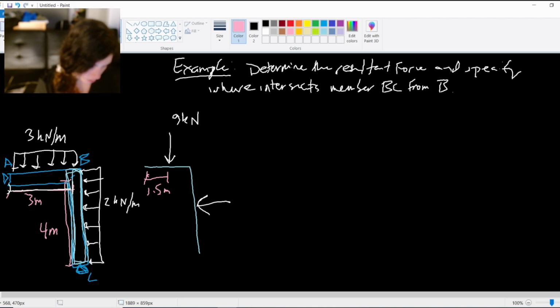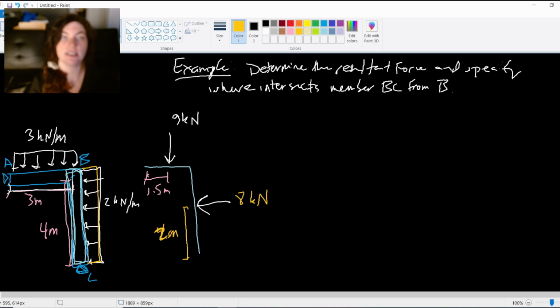Our next resultant force is this 2 kilonewtons per meter, right? This 2 kilonewtons per meter acting over this 4 meters. So 2 times 4 is 8. It will be 8 kilonewtons. And it is acting 2 meters upwards from C or downwards from B, right? It's acting halfway between.